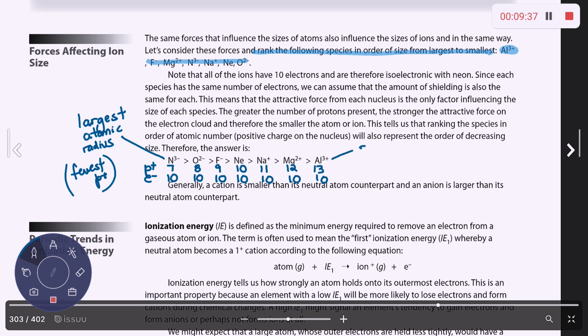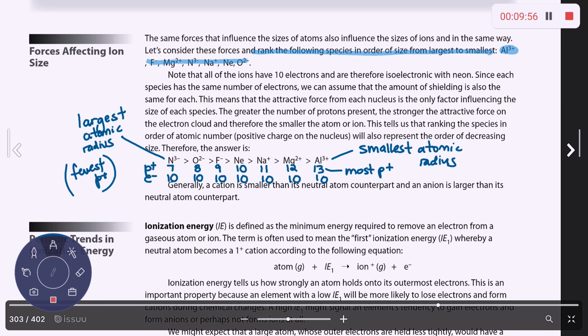Whereas over here, this Al+3 has got the smallest atomic radius because of the fact that it has got the most protons in the nucleus, so it is able to pull in those electrons and make the atom smaller, okay?